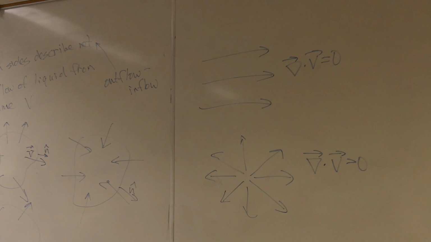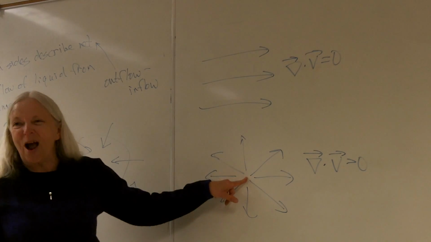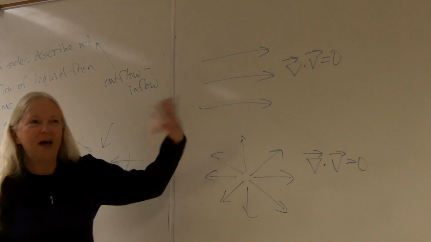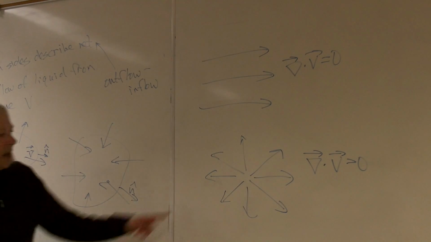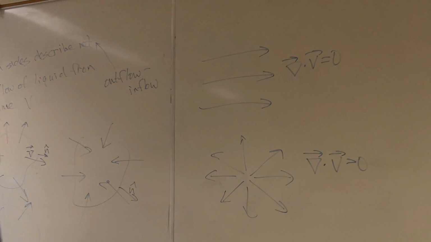Okay? So, it's hard to imagine something like this happening with fluid flow, maybe. But if there were fluid being created, perhaps, in the center here, right? It didn't exist and is being created out of nothing. Obviously, that's not physically possible. But if it were, it could be created here and then be flowing outward. That would, of course, give us a positive result for the divergence.